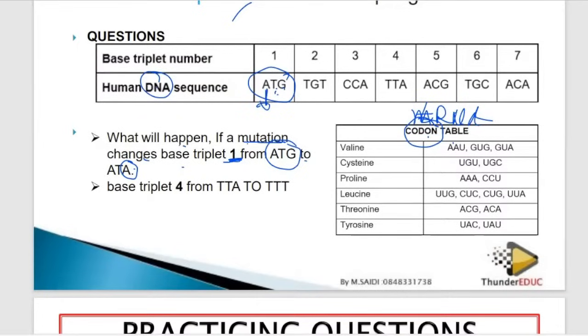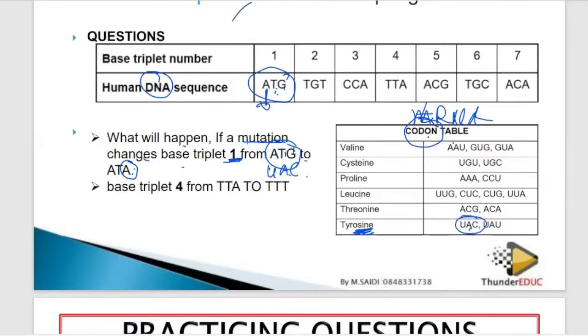So change this into messenger RNA. When you change into messenger RNA, this is going to be A goes with U, T goes with A, G goes with C. So I'm going to CUA. I come here, look for it. No, AUC. Where is it? UCA is tyrosine.